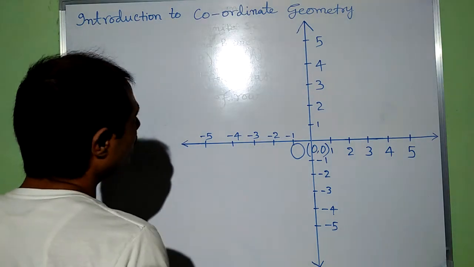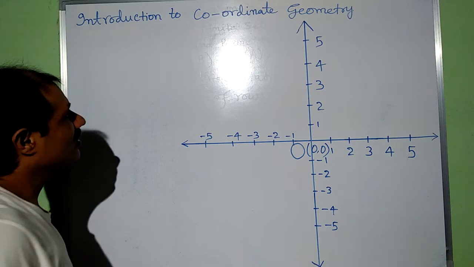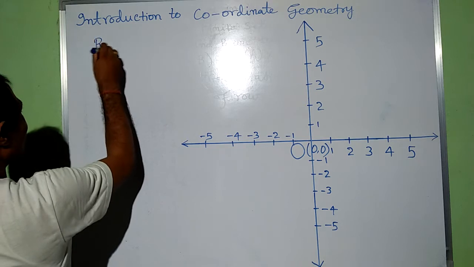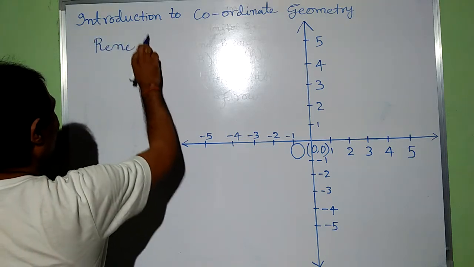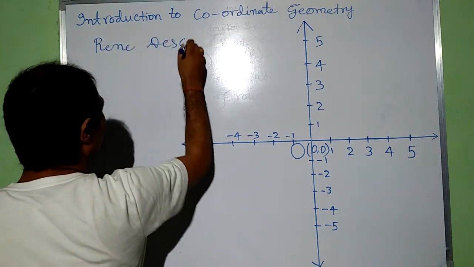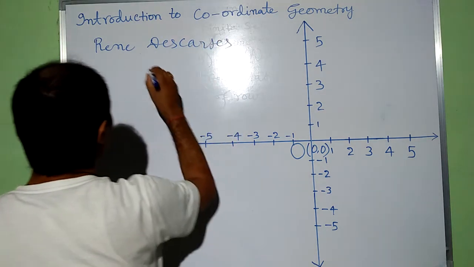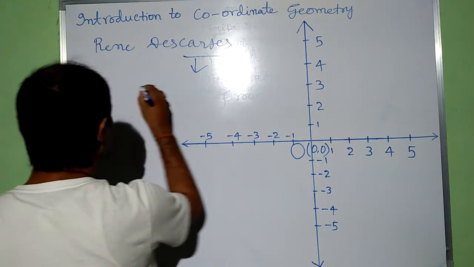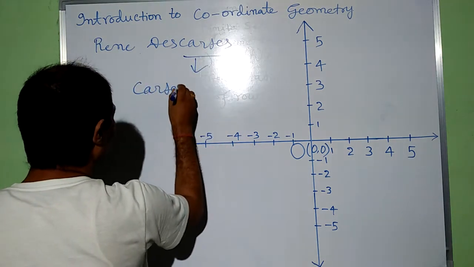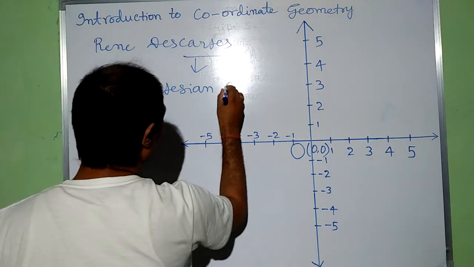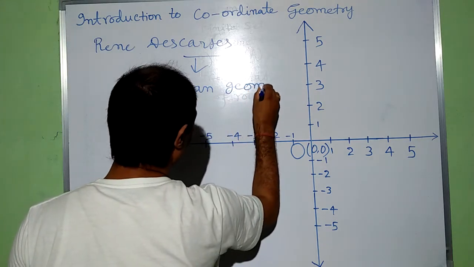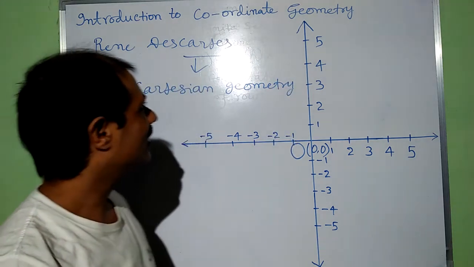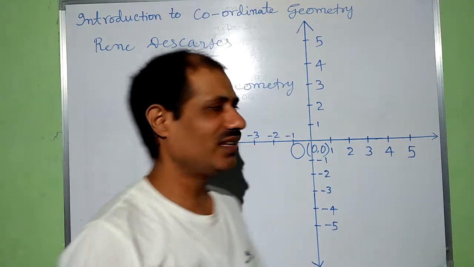So, this geometry is also called Cartesian geometry, as from the name Descartes, Cartesian geometry is derived. This geometry is also known as analytic geometry.